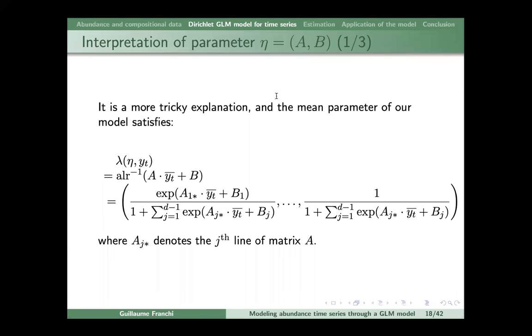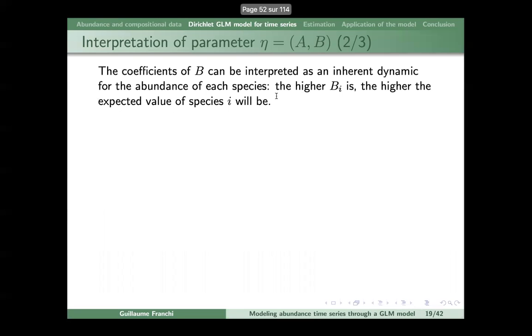But if I just consider the first component of vector B, let's say B1, you can see that if B1 is very high, the mean of the first species will also be very high. So B1 gives information about the trend or the evolution of the first species, and it is the same for B2, B3, etc. So the coefficients in vector B are interpreted as an inherent dynamic of the abundance of each species.